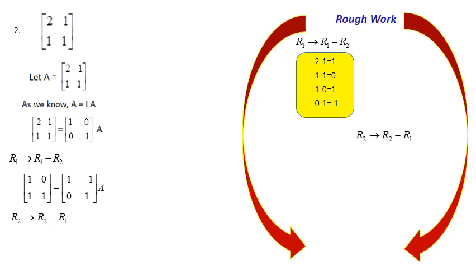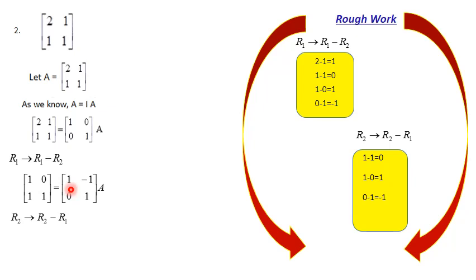We'll go for the rough work. R2 gives R2 minus R1. We have to go with the first element. R1 remains same, 1 0, no need to take. R2 first element is 1. 1 minus 1 is 0. Next we have to move on to another element, that is 1 here, R2 element, and here R1 element is 0. 1 minus 0 is equal to 1.